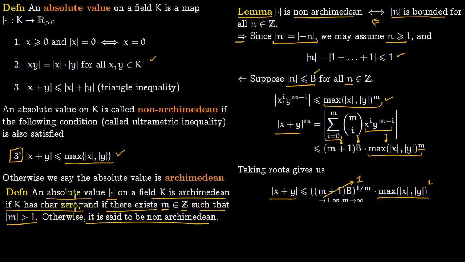Notice that this characteristic 0 condition is important for an absolute value, because otherwise we will just get a trivial field. Say if x^n is 1, and this can happen when you do not have a field of characteristic 0, then the absolute value of x^n would be 1, which would imply that x is 1. So you just get a trivial field here. That's why we are putting in characteristic 0.